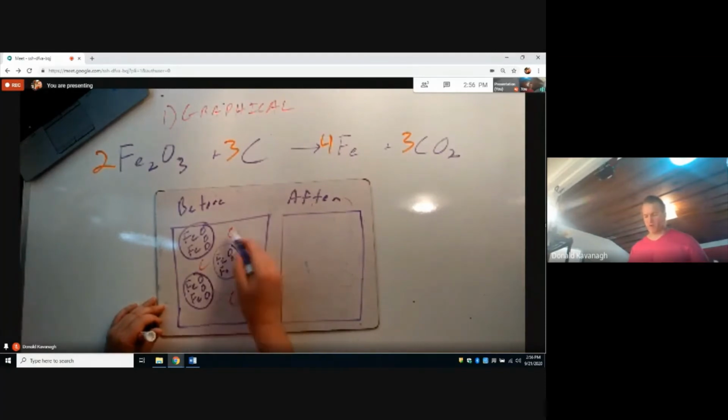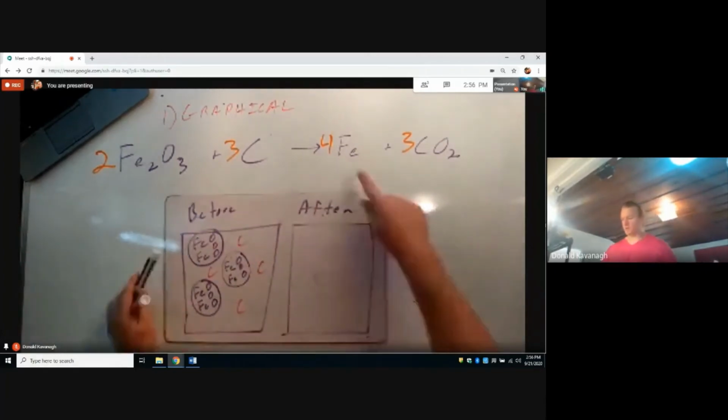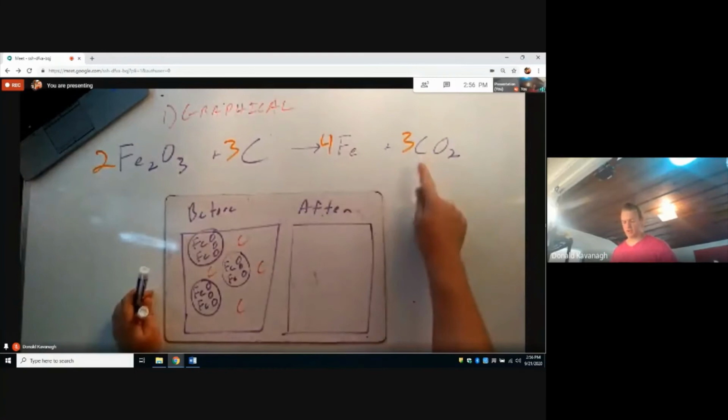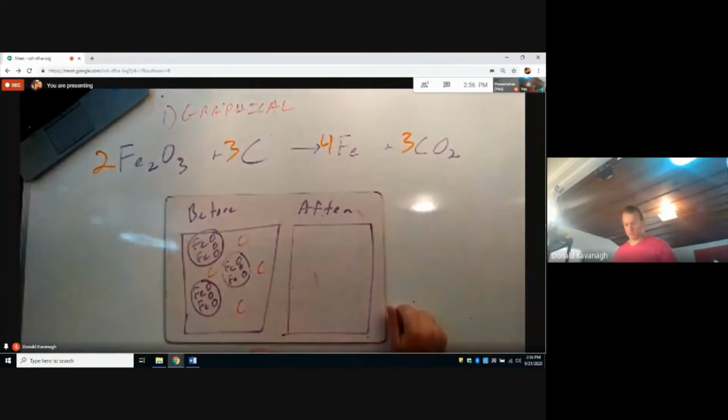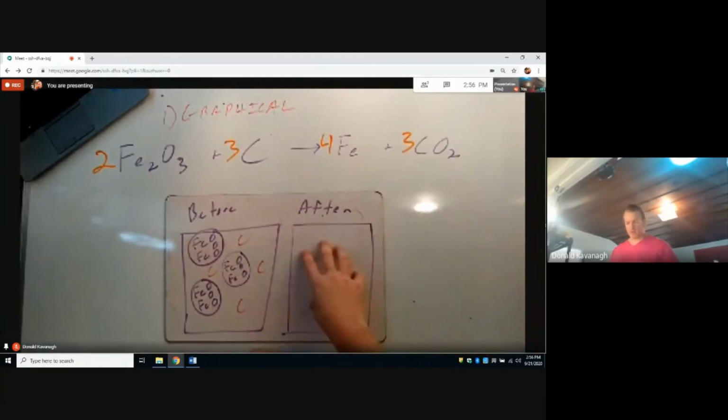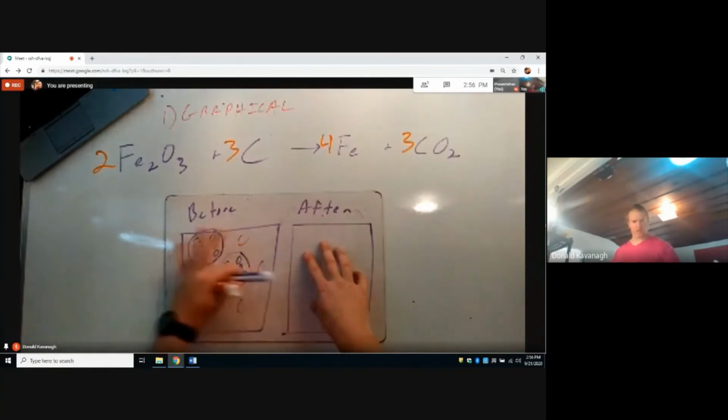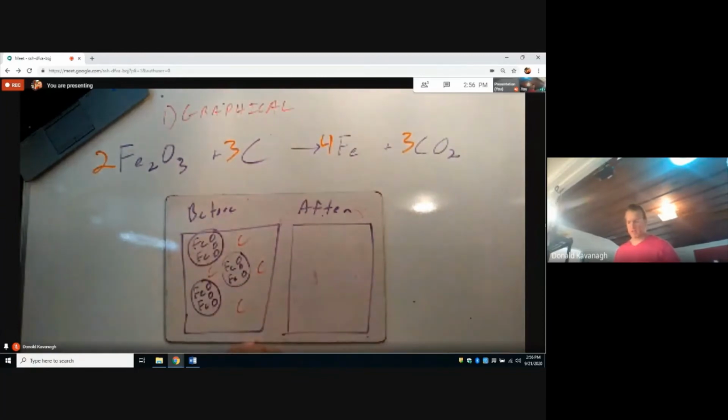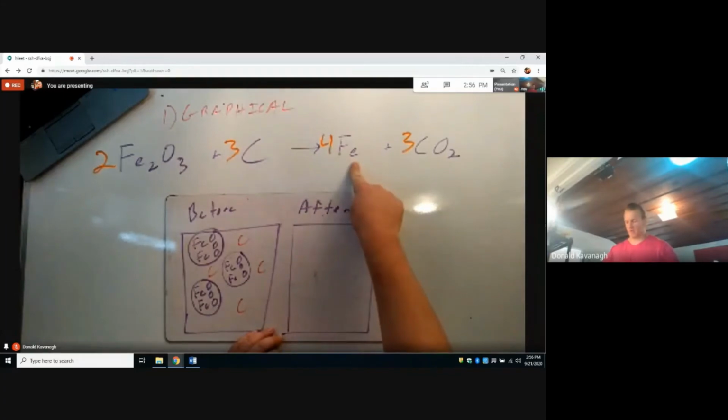And we have 4 tons or 4 equivalents of carbon. Over here, iron and CO2 is what's produced in the after. So let's start producing iron and CO2 until we have exhausted everything in here and see how many irons and CO2s can be produced total.